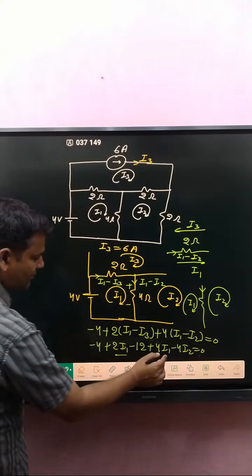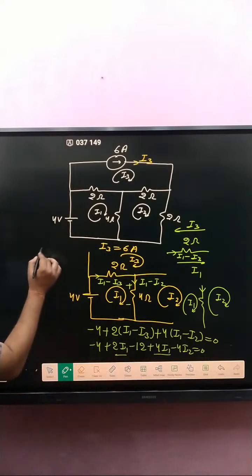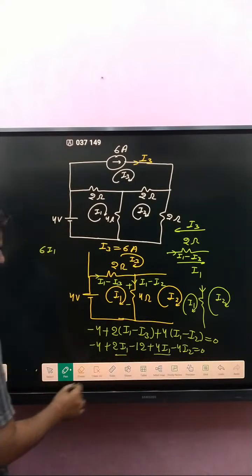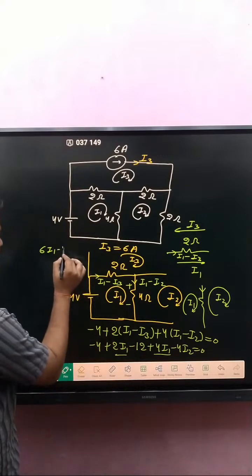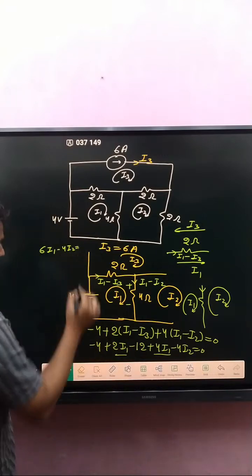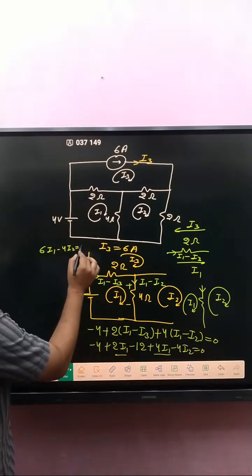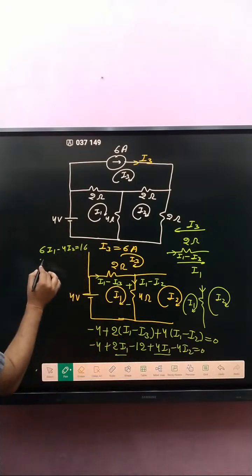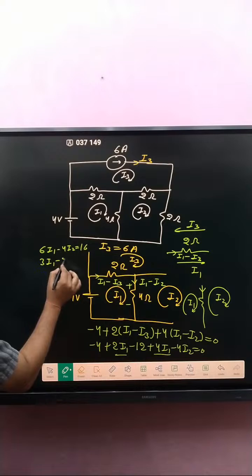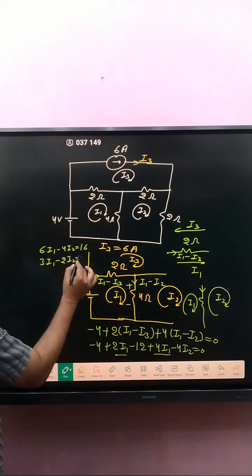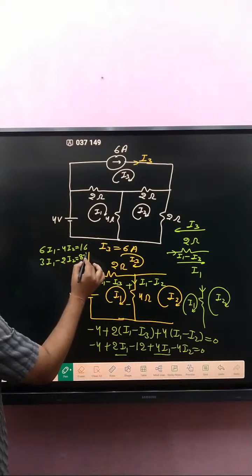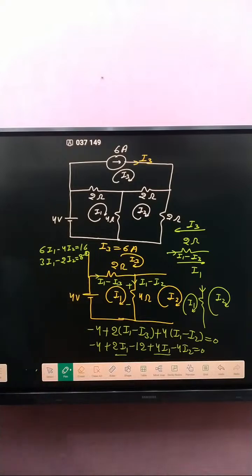So 2 I1 plus 4 I1, that is 6 I1, and minus 4 I2 is equal to 16. So 3 I1 minus 2 I2 is equal to 8. That is equation number 1.